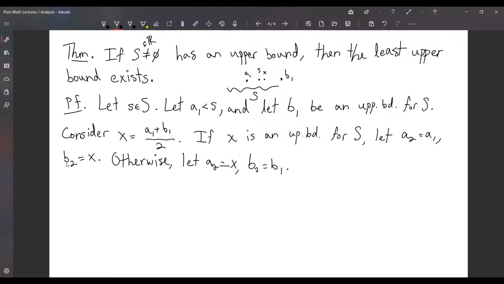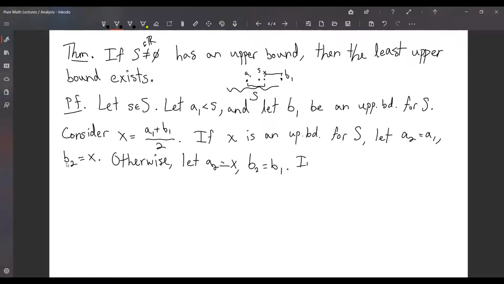If X is an upper bound, then we set B2 equal to X, and then A2 equals A1, in which case we're going to consider this interval. Otherwise, if X is not an upper bound, which in this case, I guess it doesn't look like it is, you consider setting A2 equal to X and B2 equal to B1.